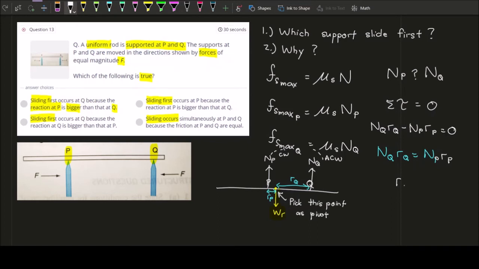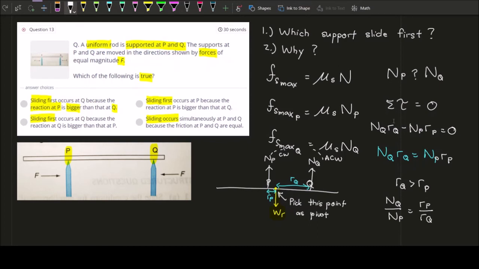So if we know RQ is greater than RP, then by doing a bit of shifting, NQ and NP, this will be RP over RQ.